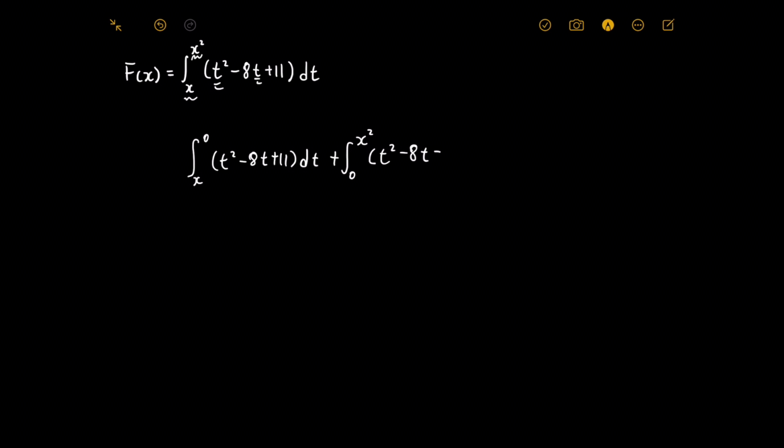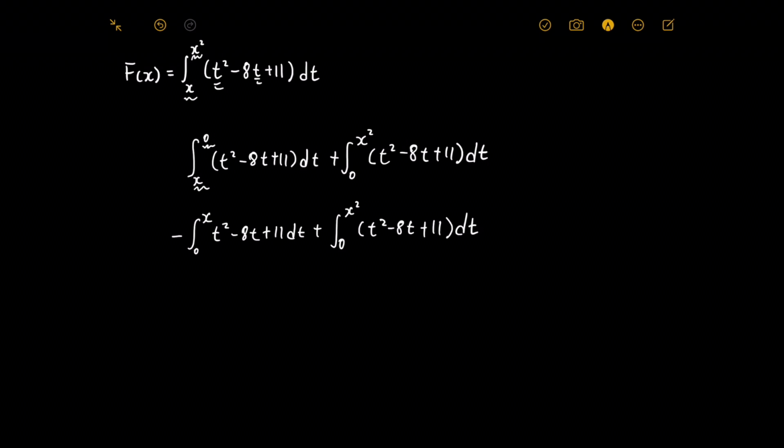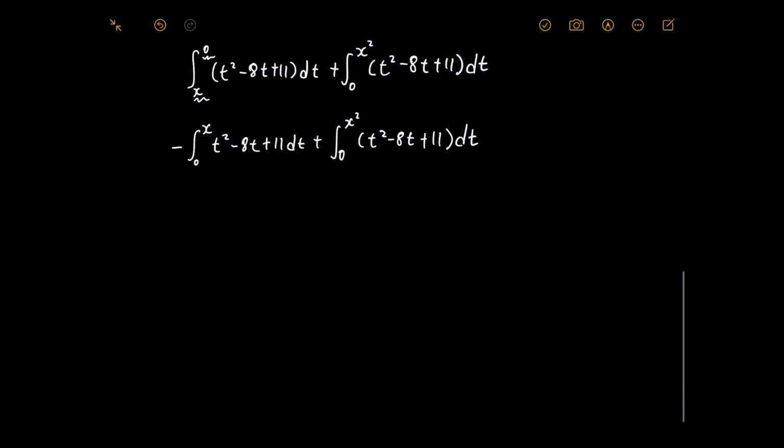Since we're moving from x to 0 instead of 0 to x, we have to change the boundary by multiplying by a negative sign. Here, this part is the same. So we can easily solve this problem using the fundamental theorem of calculus.